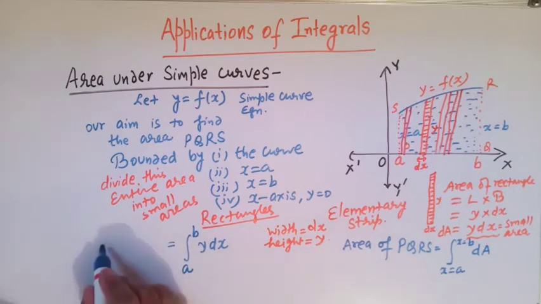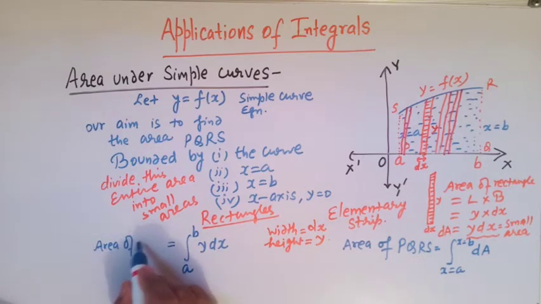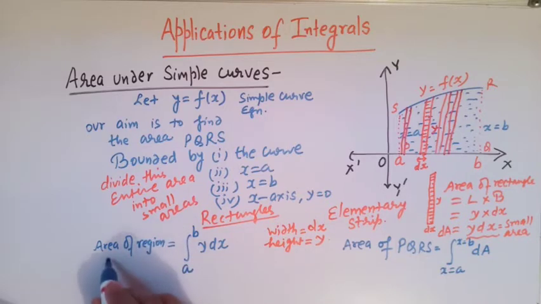Clear? So this is the area of the region PQRS. So this is the concept of finding the area under simple curves.